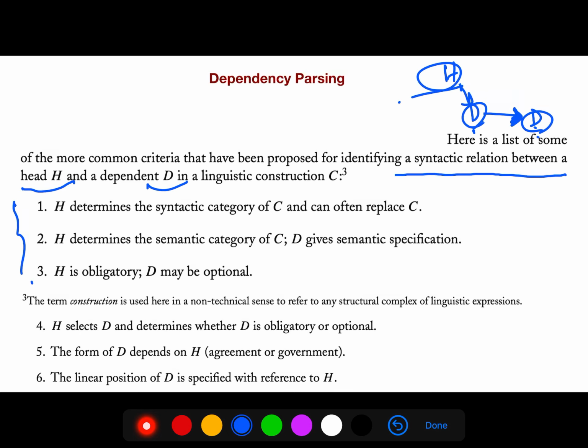D just cares about those detailed things. When we talk about heads, when we care about the big picture, we try to see the nodes that are very close to the root of the tree, because the other nodes are just the details. For example, when we want to answer a question, we don't care about the details.